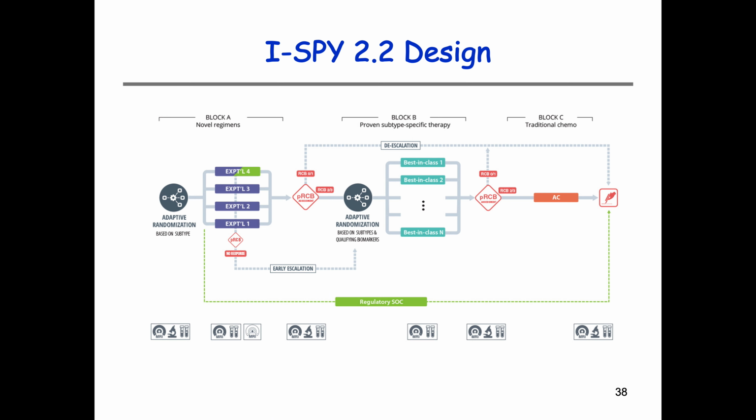If there is no response, then we go to another adaptive randomization, which I'll describe in a moment. But let's say the patient comes out of one of these experimentals, and now we predict the RCB. We can predict it. If it is a satisfactory one, that is a 0 or 1, we go to de-escalation and the patient goes right to surgery.